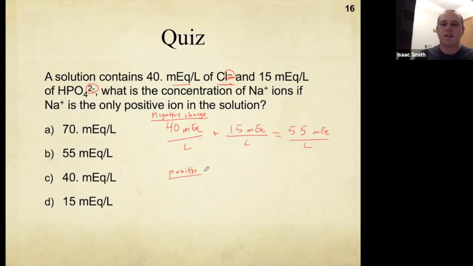We talked about how all ionic compounds are neutral. So the total positive charge is going to equal the total negative charge. So that means that the total positive charge in the solution is going to be 55 milliequivalents per liter. And since sodium is the only positive ion, then the concentration of sodium plus ions would be the 55 milliequivalents.